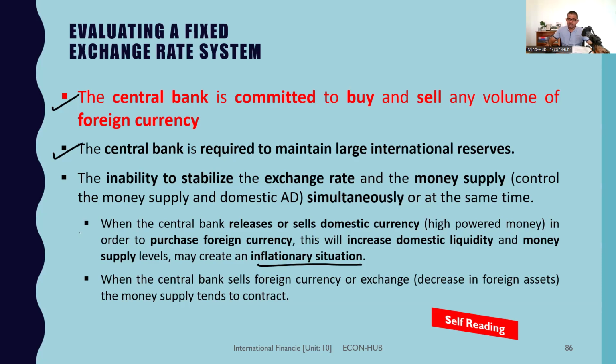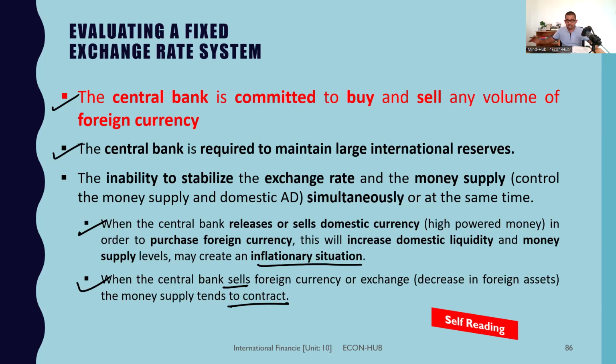On the other hand, if the central bank is to sell foreign currency, then they're absorbing a lot of domestic currency into the central bank. That means the domestic money supply may reduce and that would lead to an economic contraction. Our growth will get slowed down. So managing both, that is money supply, aggregate demand, economic growth, and on the other side, the exchange rate, is not possible at the same time.